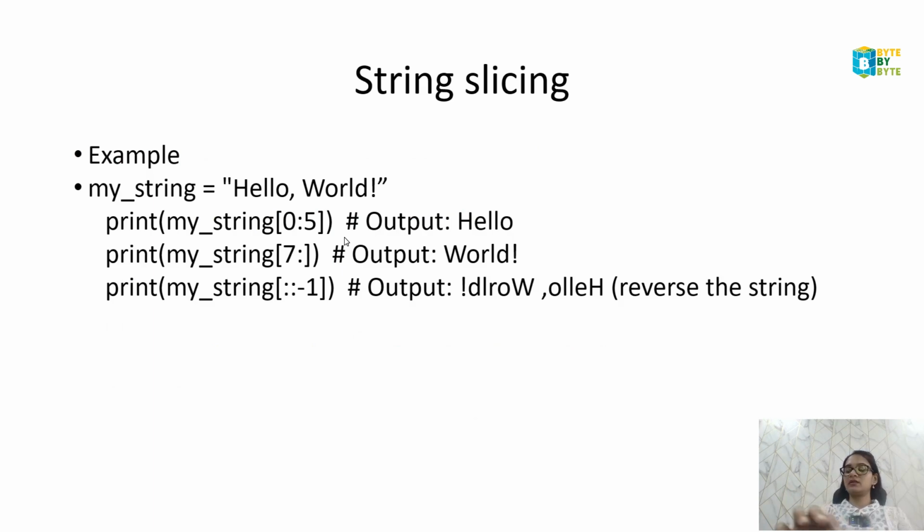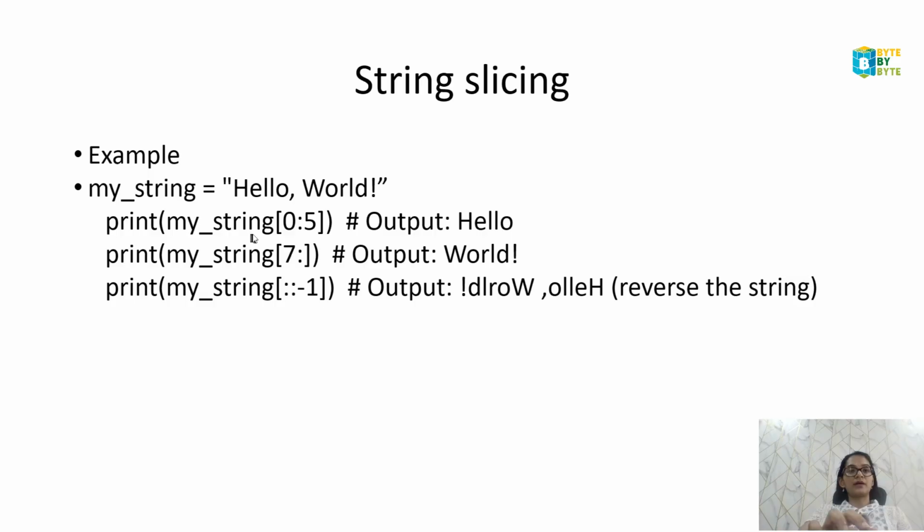Here we will see one more example. Your string is hello world. Hello, then you have a comma, then you have a space. Comma and space are both considered as different characters. Then your exclamation mark is there, so that is another character. Let's see how it works.